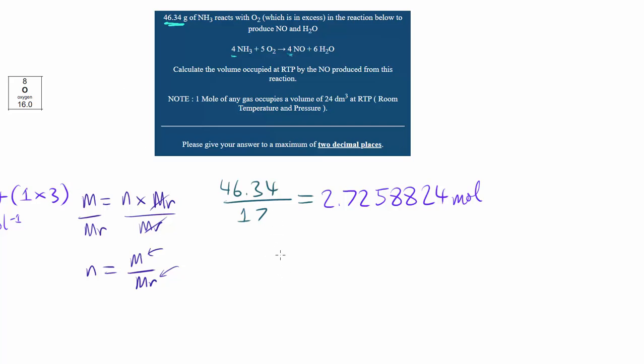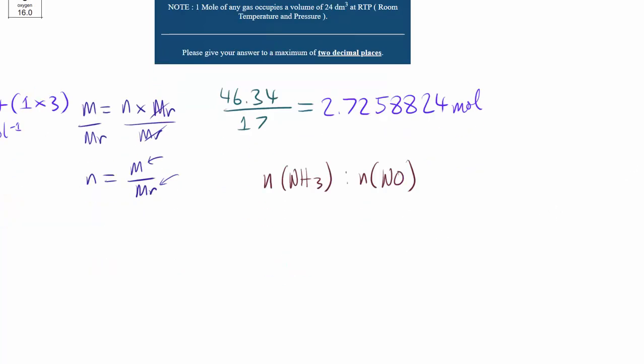So if we set this up as a ratio, the number of moles of NH3 to the number of moles of NO, for every 4 on this side we have 4 on this side. If we divide both sides by 4 to get it down to 1, we get 1 on both sides. And that tells us that the number of moles of NH3 in this equation is equal to the number of moles of NO.